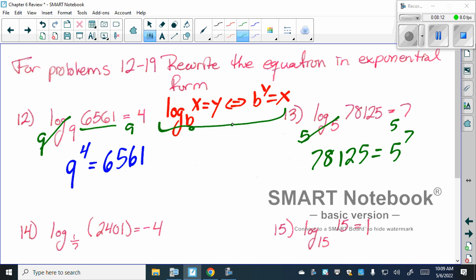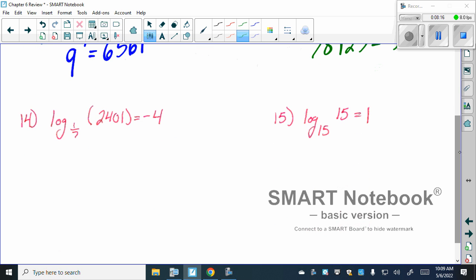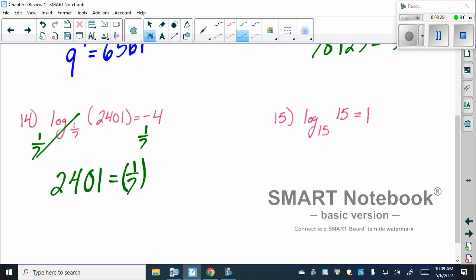Both work. So 14, I could put both sides to the 1/7. Those are gone. 2,401 is equal to 1/7, put parentheses, to the negative 4.